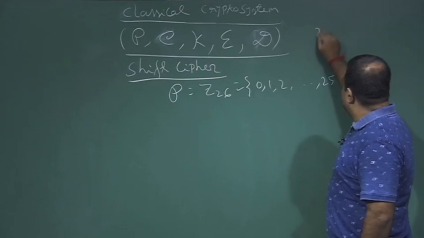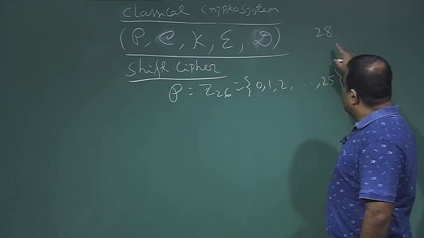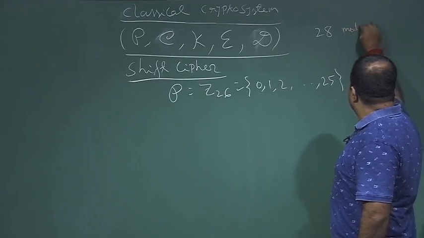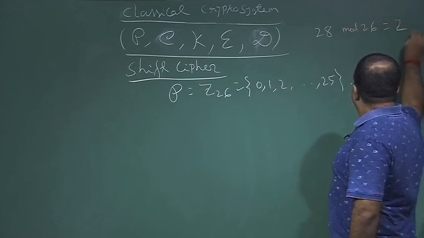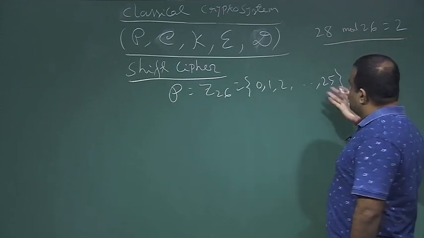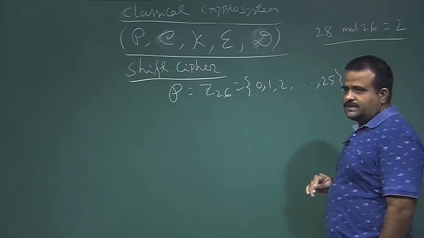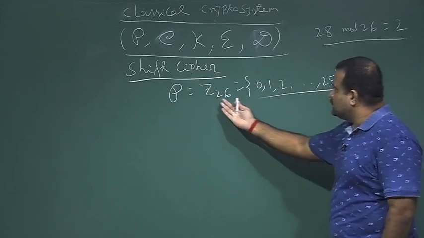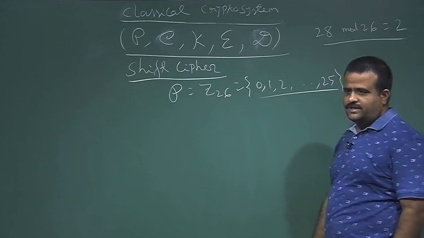Say for example, if we have 28, and we divide this by 26, that means 28 mod 26 is basically 2. So if we divide any integer by 26, you will get this remainder 0 to 25. This is typically called the Z26 set.